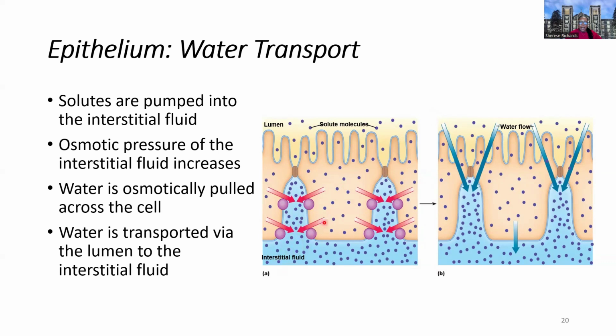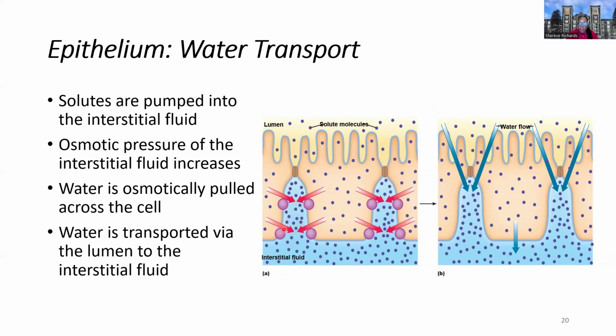So first, we pump solutes into the interstitial fluid because we're kind of trying to manufacture a gradient. We're trying to create a gradient in order to move that water in the direction that we want to move it. So because I want more water to end up here, I'm going to pump more solutes here, and that is going to exert the osmotic pull that we talked about earlier.